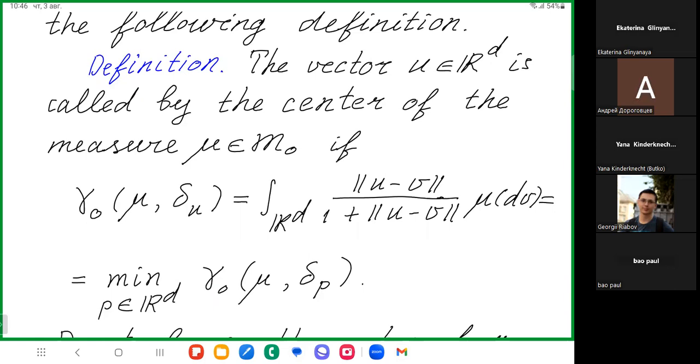It can be proved that this minimum exists. And of course, sometimes it is not unique, but at least we have a characterization of such points. It is the center of the measure. Please note that we don't require any moments from the measure. The center can be defined for an arbitrary measure.